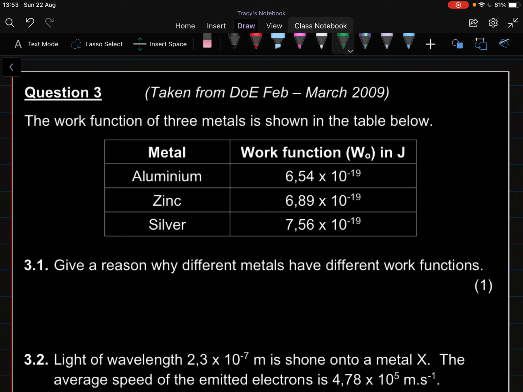Then they say, give a reason why different metals have different work functions. It's all about the structure of the atom and how easy or difficult it is for electrons to be removed. Now, you would have learned hopefully in grade 10 that this is actually known as the ionization energy. So, different metals have different ionization energies.